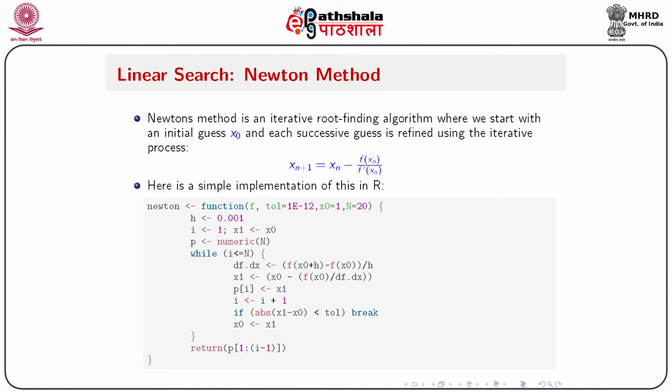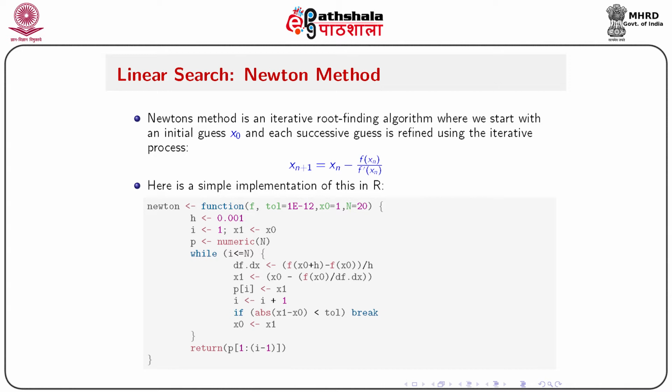And then we define a variable h equals 0.001, i equals 1, x1 equals x0, and p equals numeric of n. Using a while loop, it will run while i is less than or equal to n.